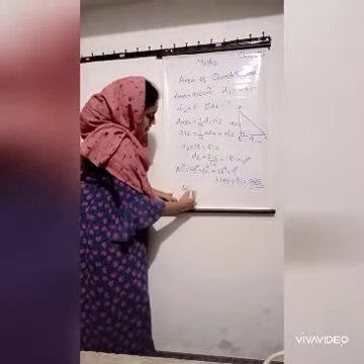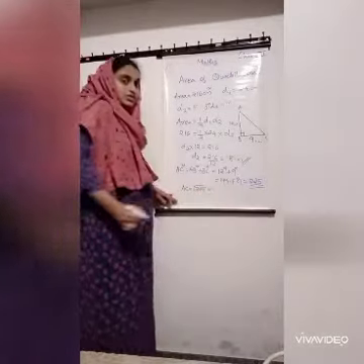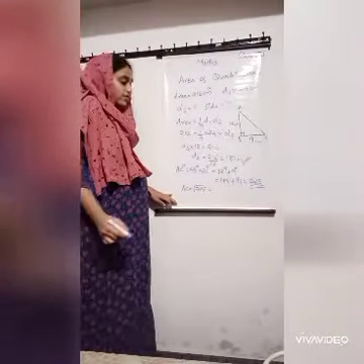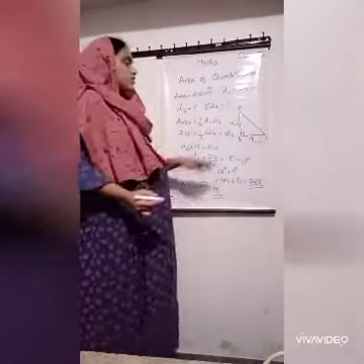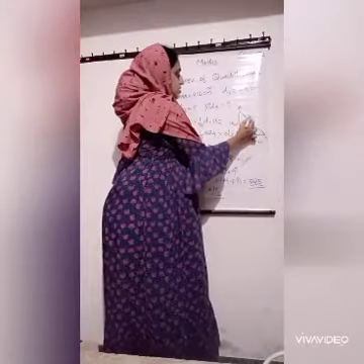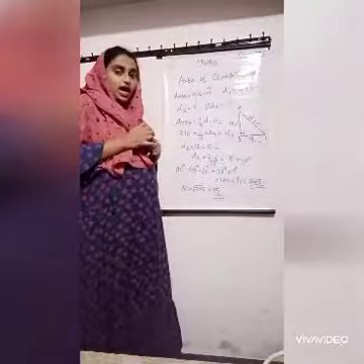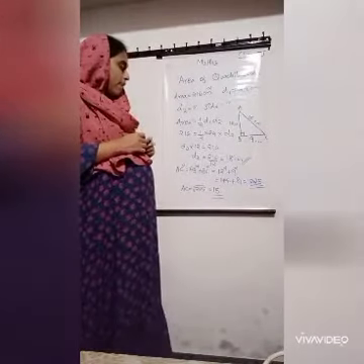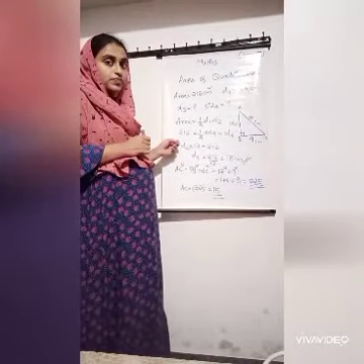AC is equal to root of 225. What is the root of 225? It is 15. So the side of the rhombus, what do we get? 15 centimeters. Anybody have any doubt? You can ask me. Whether I need to explain one more time? No.